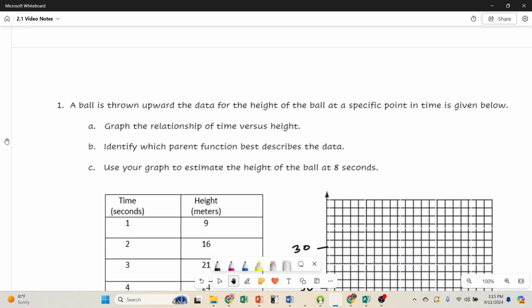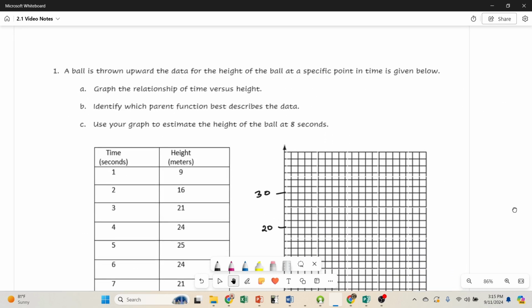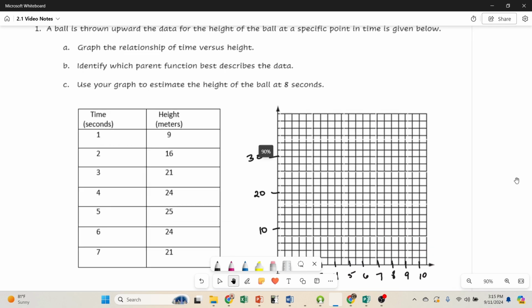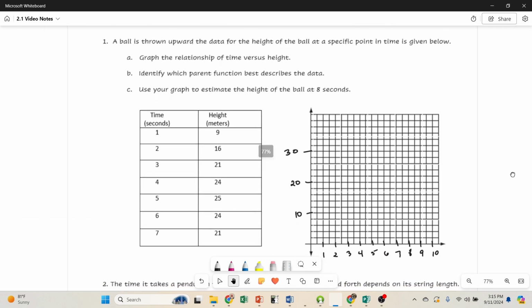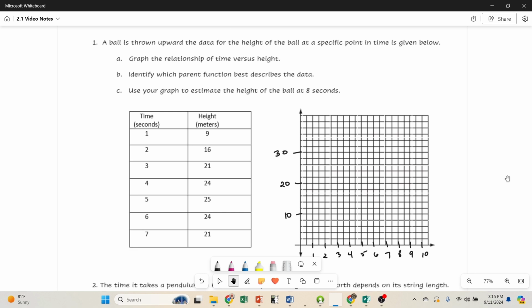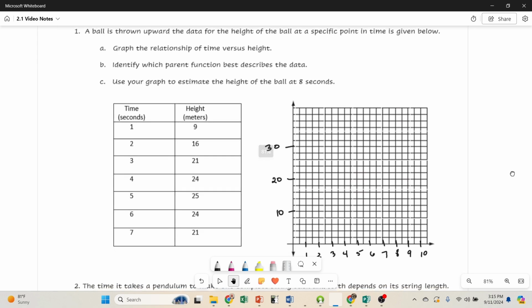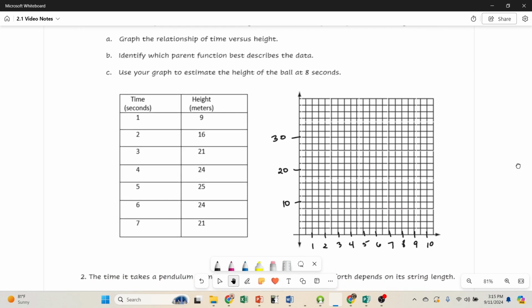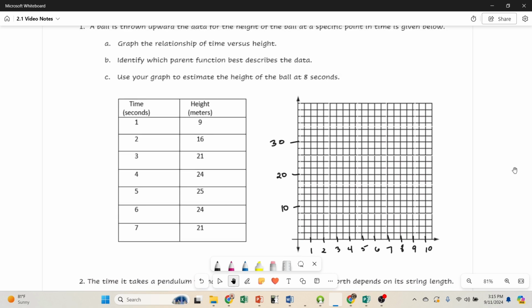Okay, so now we're given a bit of a word problem, and what we have is a ball is thrown upward and the data for the height of the ball is shown, right? So graph the relationship. So we're going to take this data and we're going to plot it. So at 1 second, this is 9 meters, so I'm right here.